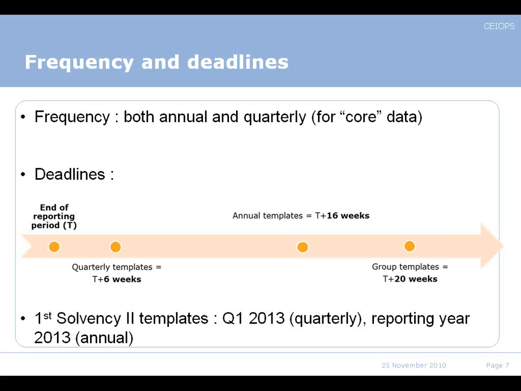And also group templates, which have a little more delay because it's a little more complicated to do the aggregation at group level. But that means that everybody should be ready to accept harmonized data using a harmonized, common format in the first quarter of 2030. That's not so far from now.